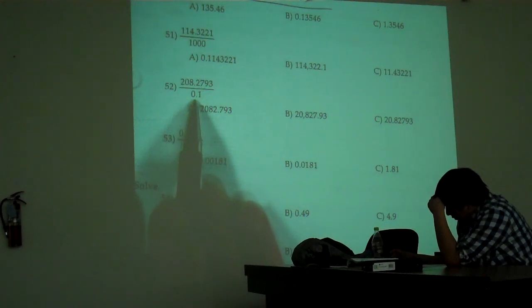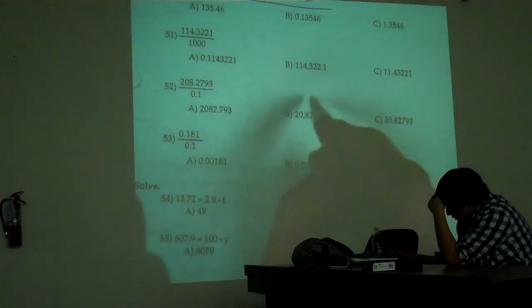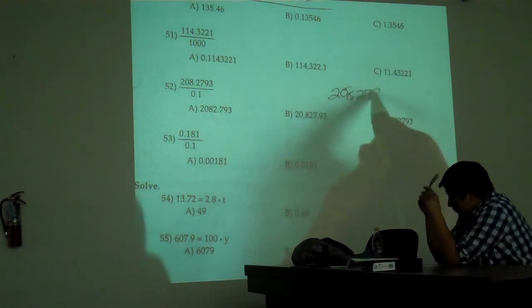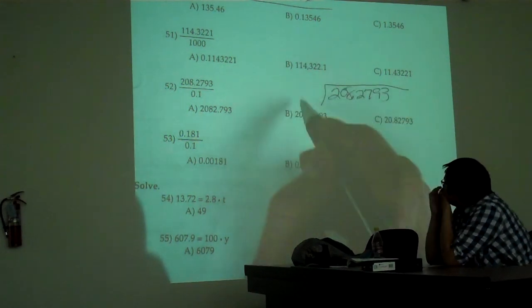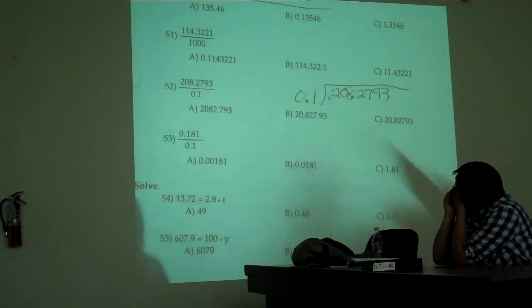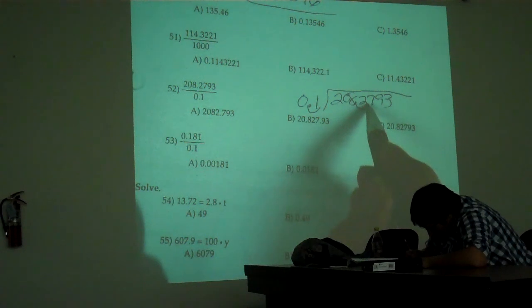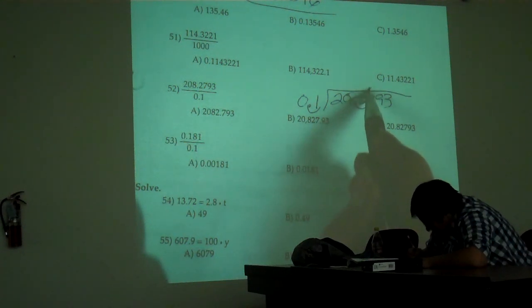Let's do that division and see which direction you're going to be going here. 208.2793 divided by 0.1. Move it on the outside, move it on the inside. Okay?